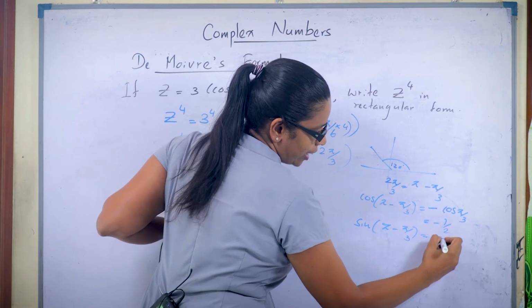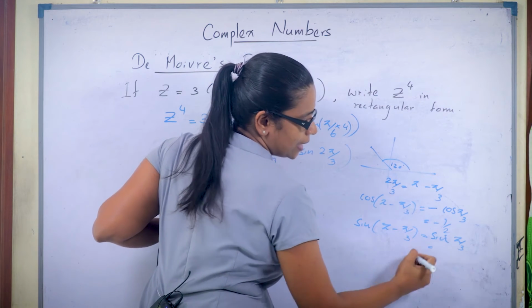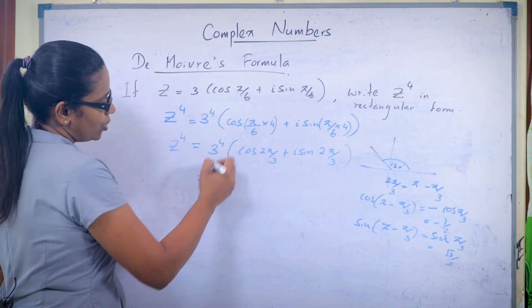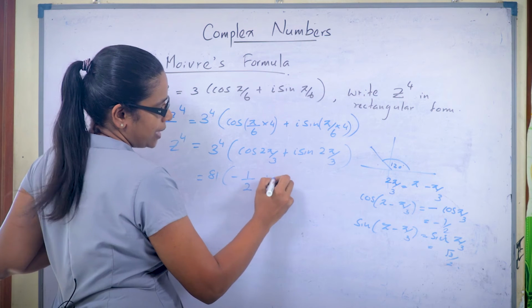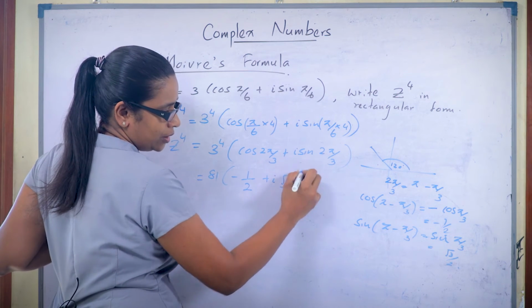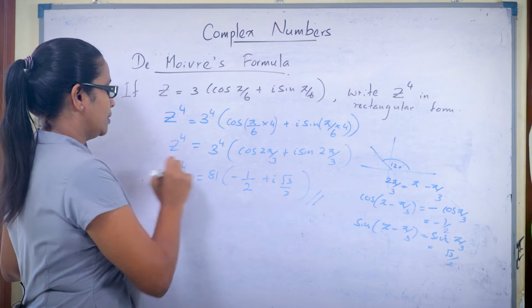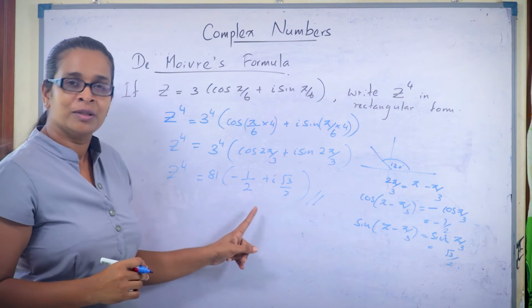So you are going to write sin π/3, that is root 3 over 2. So 3 raised to the power 4, that is 81, times minus half plus i root 3 over 2. Okay. This is the rectangular form of z raised to the power 4.